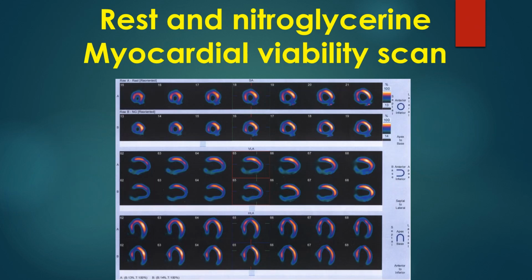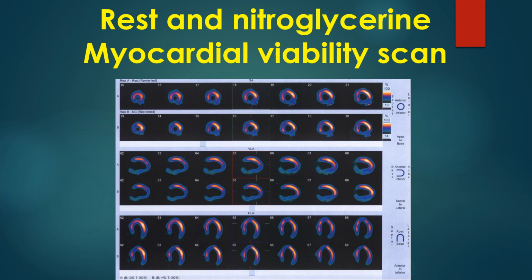Rest images were obtained after intravenous administration of 8 millicurie of 99M technetium. 25 millicurie of 99M technetium was injected hours later and after 0.5 milligram of sublingual nitroglycerin and rest-gated images obtained. Exercise was deferred in view of clinical background of triple vessel disease and severe left ventricular dysfunction.